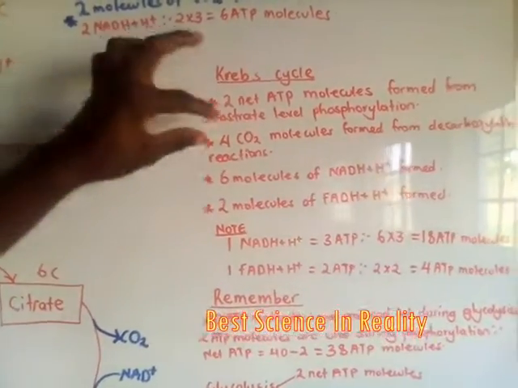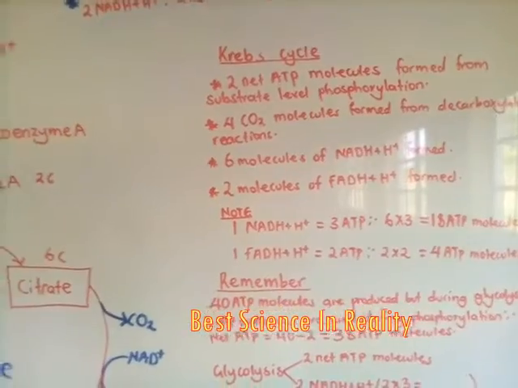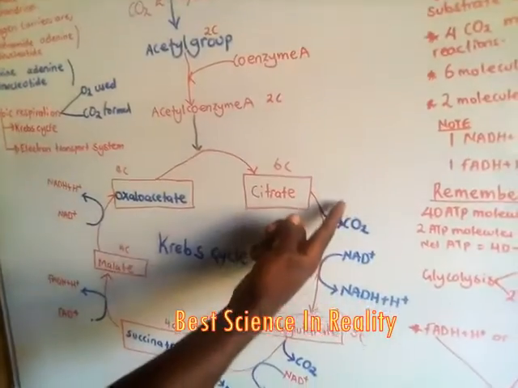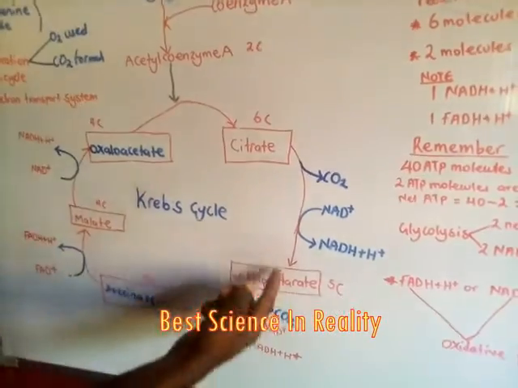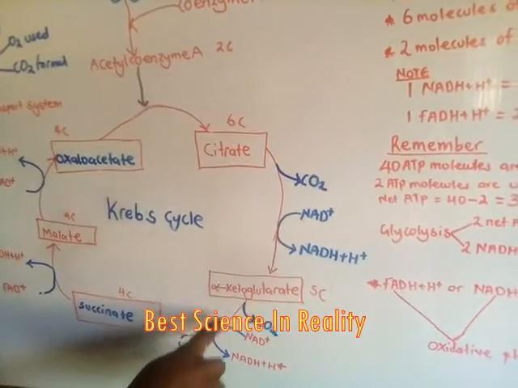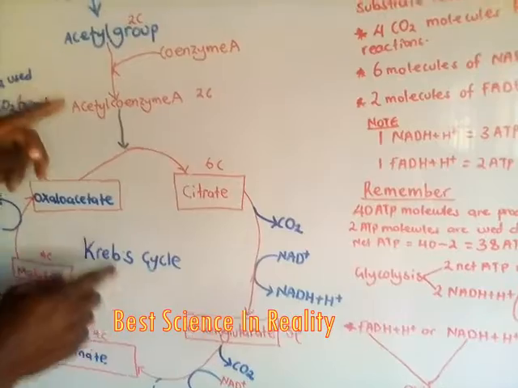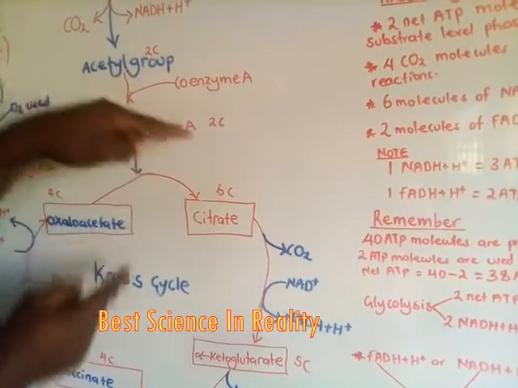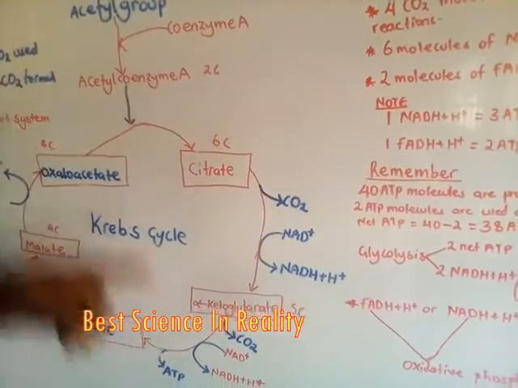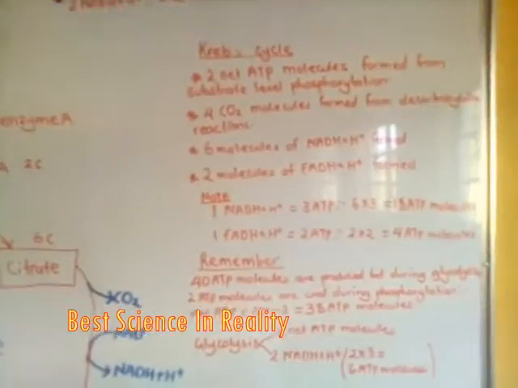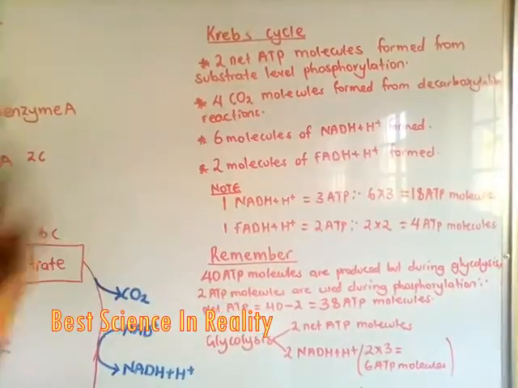Then we shall form 4 molecules of carbon dioxide, because we have the first decarboxylation here from citrate to alpha ketoglutarate, then another one from alpha ketoglutarate to succinate. So since we are having 2 molecules of acetyl coenzyme A, it means we are forming 4 molecules of carbon dioxide. Then we form 6 molecules of reduced NAD.